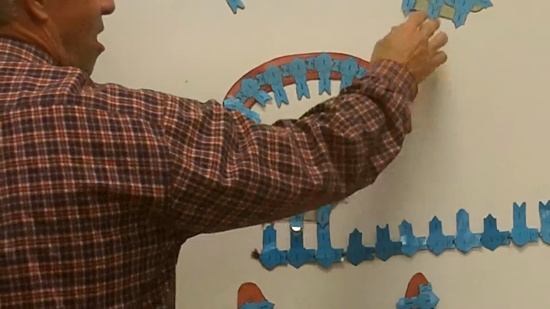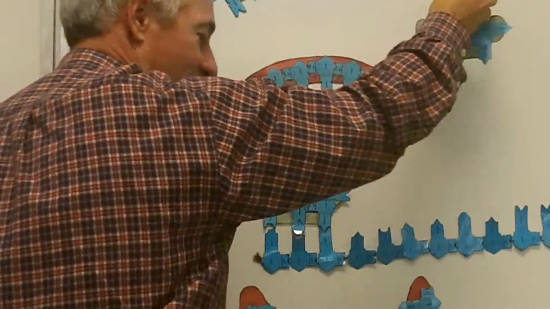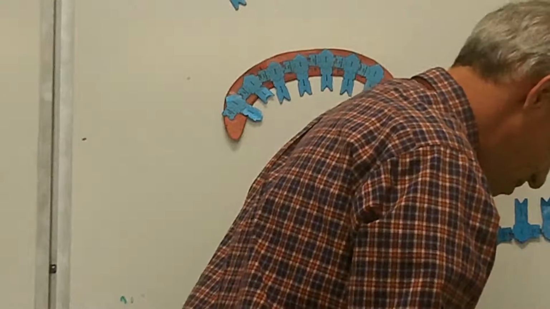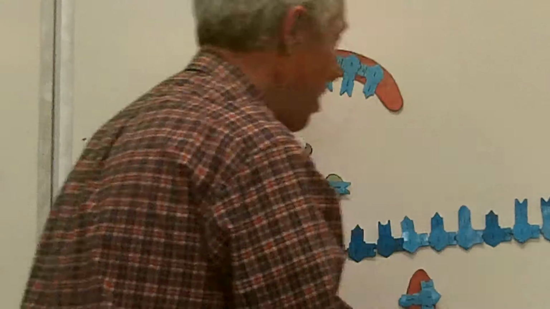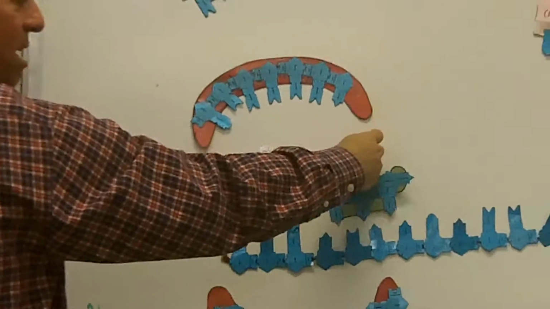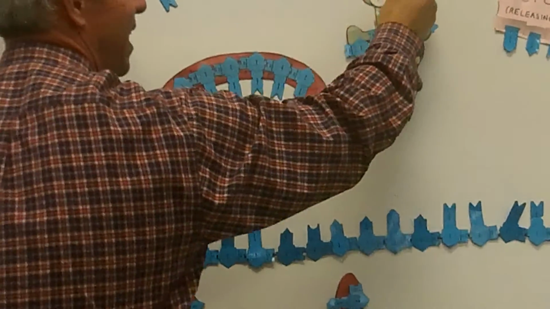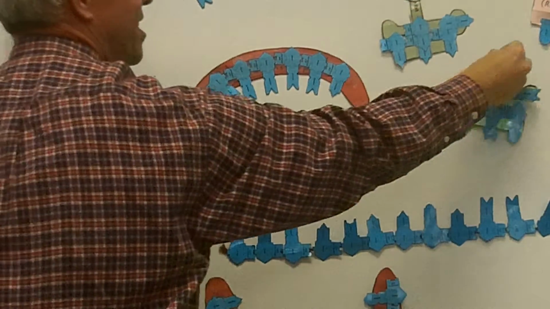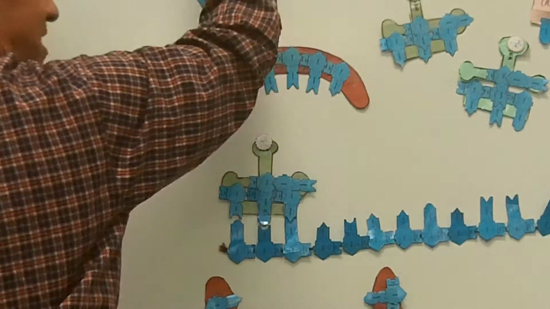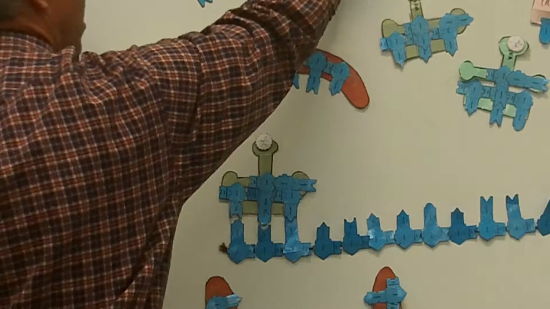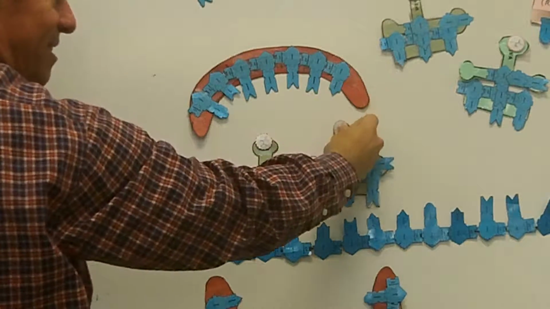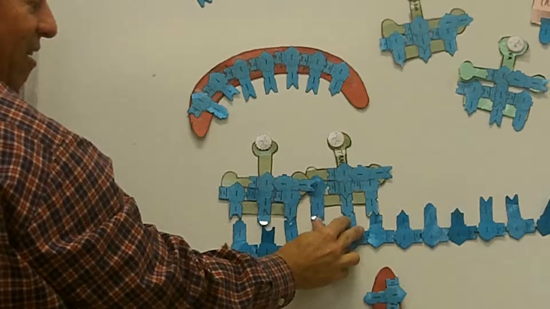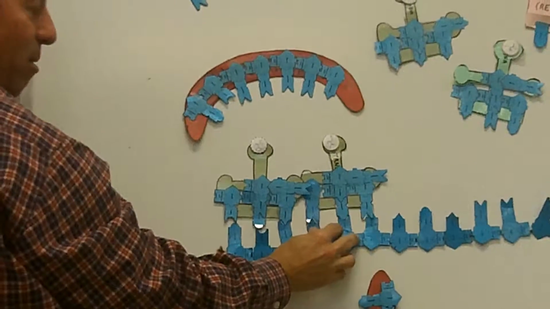Then the next tRNA will come in. Oh, I dropped it. The next tRNA comes in and tries to bind. That one doesn't fit. The next tRNA comes in and tries to bind. That one doesn't fit. The next tRNA comes in and tries to bind. That one does fit, and it binds right there. And now we have the next tRNA in place.